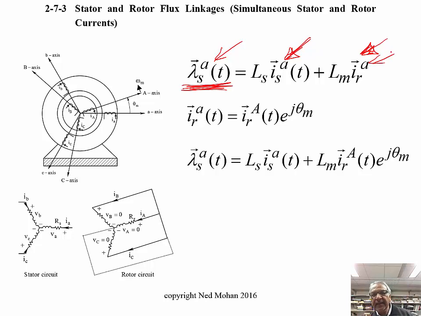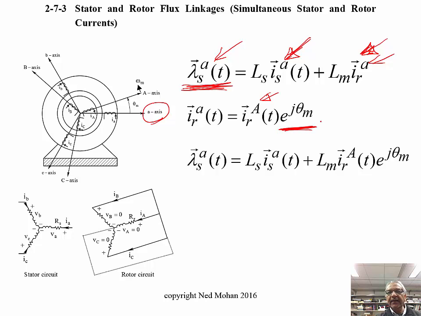And we have to recognize that this rotor current space vector with respect to stator a-axis is not the same as the rotor current space vector with respect to rotor a-axis. There is an angle between these two axes, so that shows up over here.